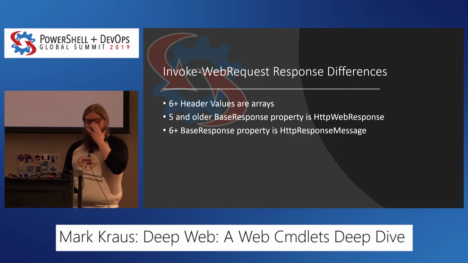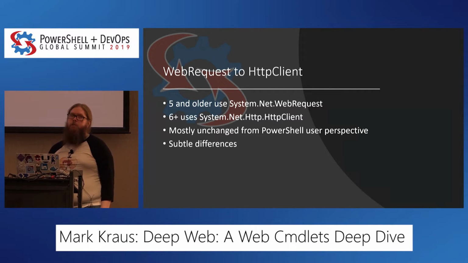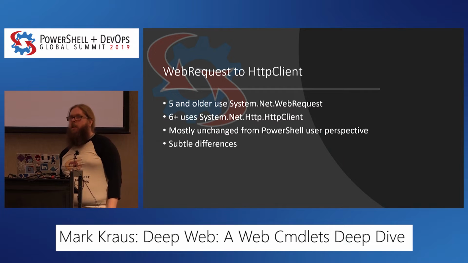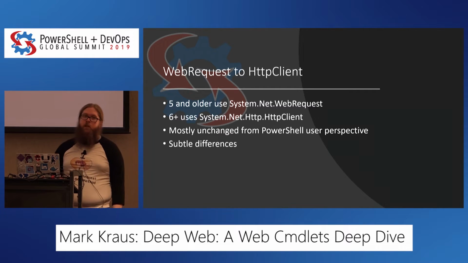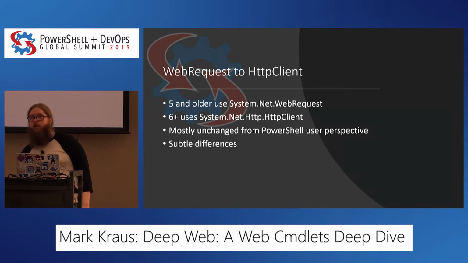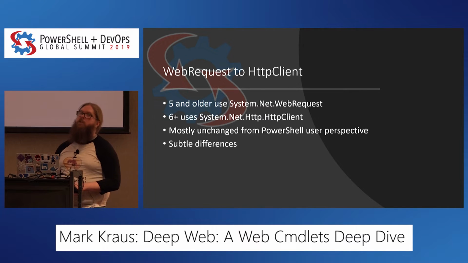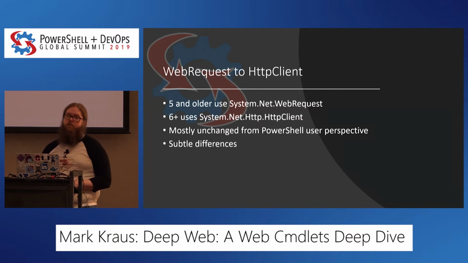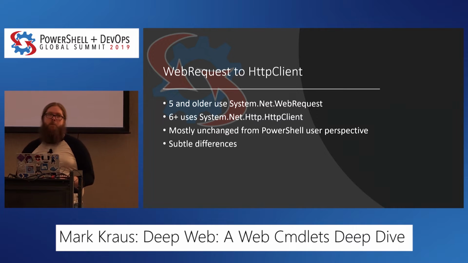But one of the reasons for doing this is that HTTP client is a better .NET API for actually doing web requests. It's specifically for HTTP calls, and that's what the primary use case of the web commandlets is, I believe. So it's a better fit for us. It gets better performance. It's faster. It is a little bit easier to work with on the C# side, which makes my work easier.